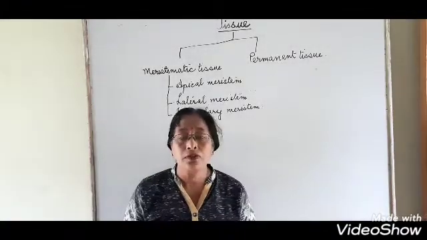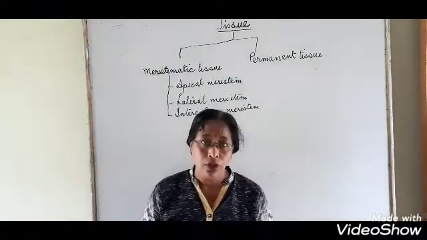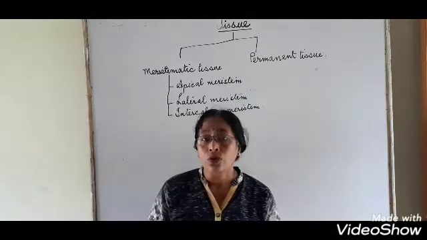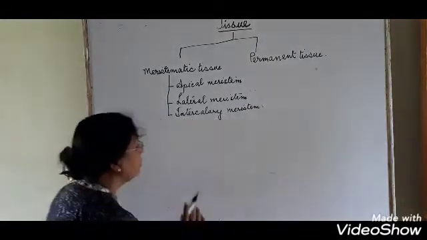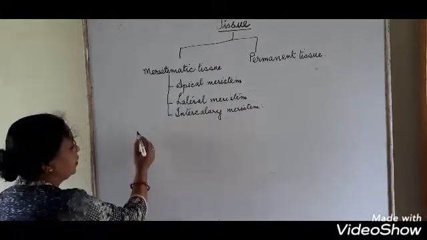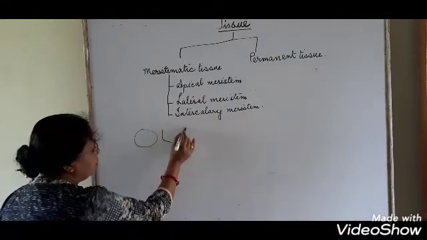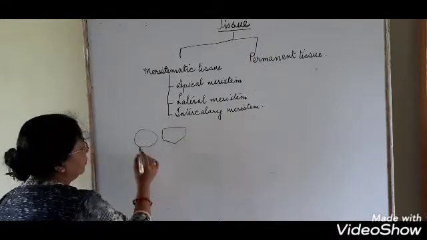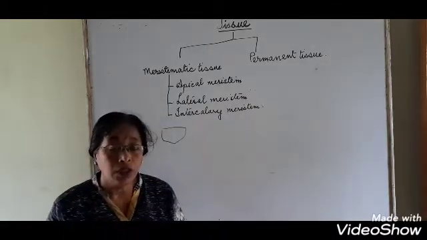Now let us discuss the characteristics of the meristematic tissue. First, the shape and size. They are small in size, and they are either spherical or polygonal in shape.